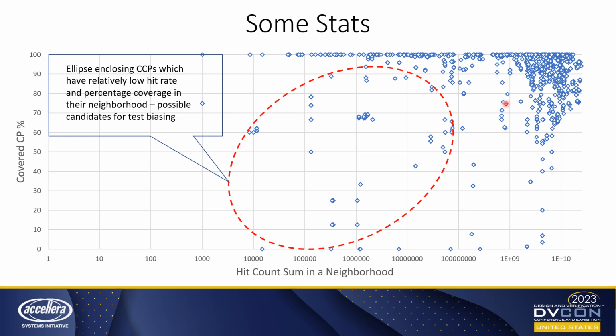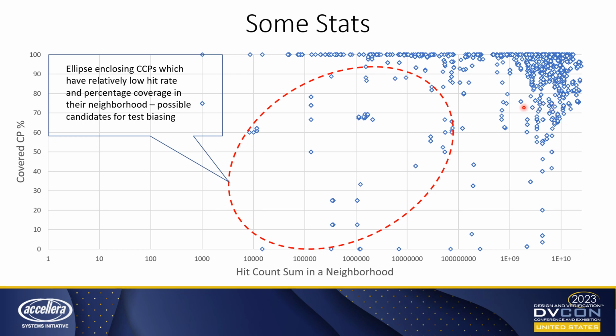Since this scatter plot was generated out of an end of project report, most of the points which have high coverage in their neighborhood are also the points which have high hit rate in their neighborhood. There are some exceptions, like these points which have high hit rate but whose neighborhoods are not well covered.